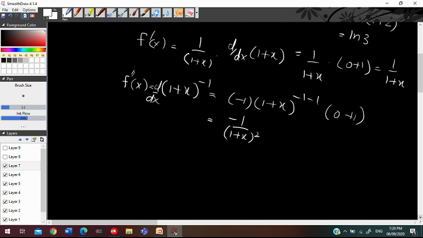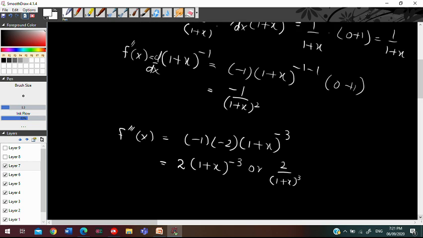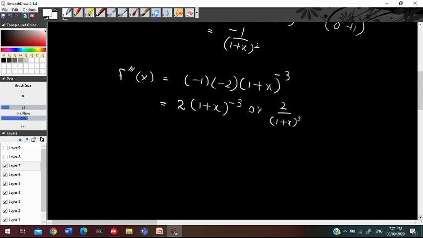If we find the third derivative, f triple prime of x, we have minus 1 into minus 2 into 1 plus x power minus 3, which we write as 2 divided by 1 plus x power cube. Now these are the derivatives. I will write them again here without these calculations.